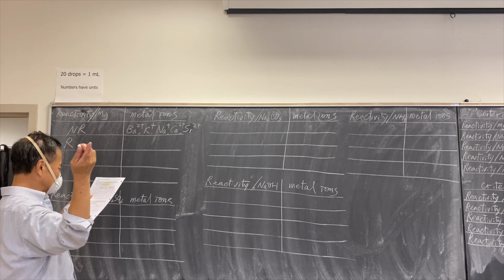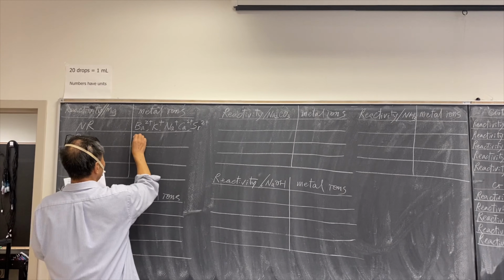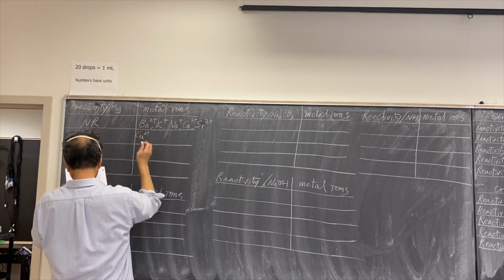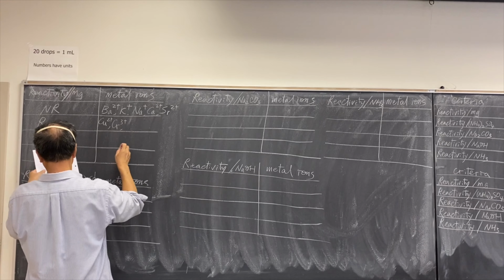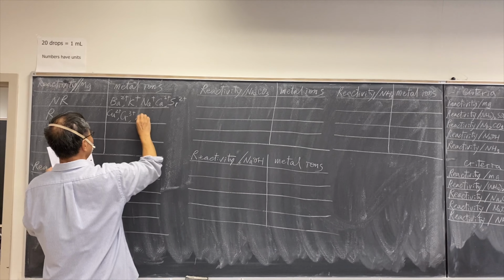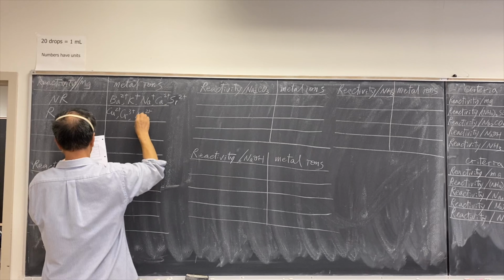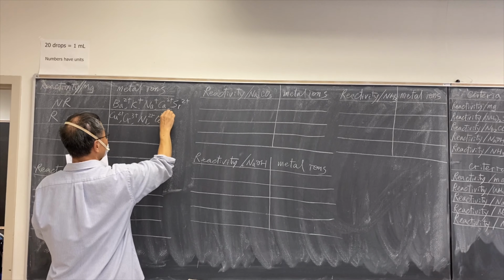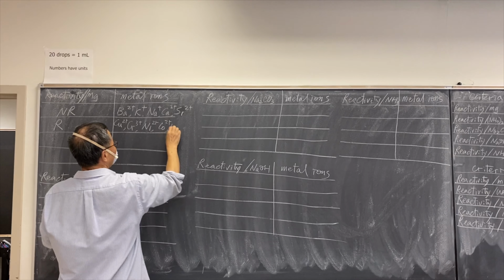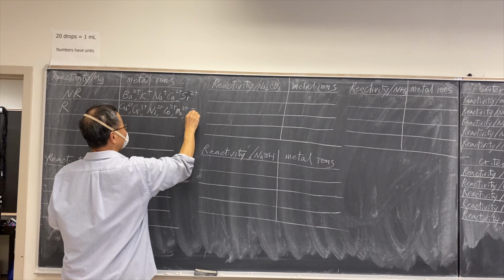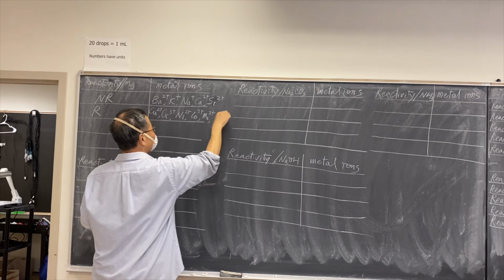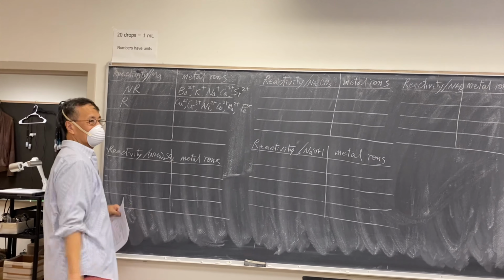And then reaction, well, the rest: copper 2 ion, and then chromium 3, nickel 2, and then cobalt 2, and manganese 2, and our beloved iron 3, and then leave those two blank.